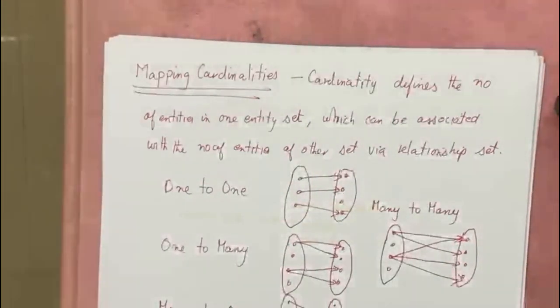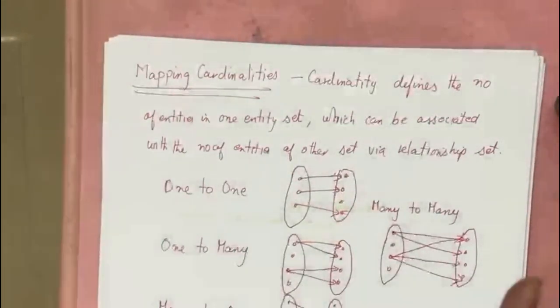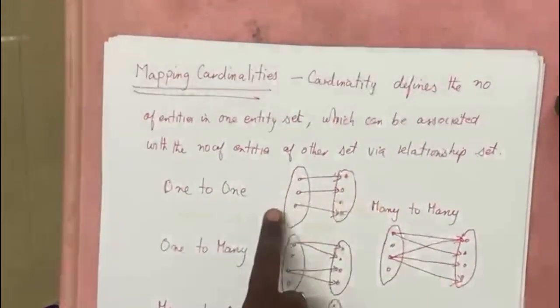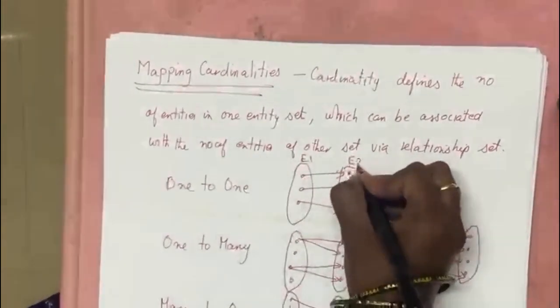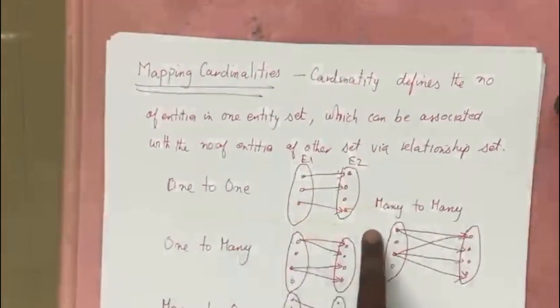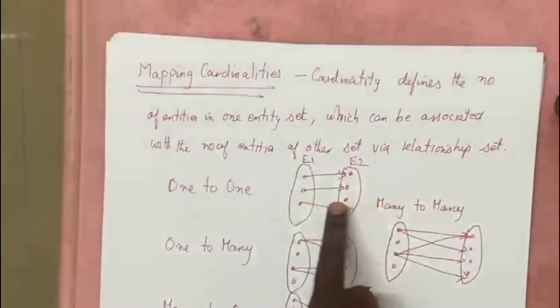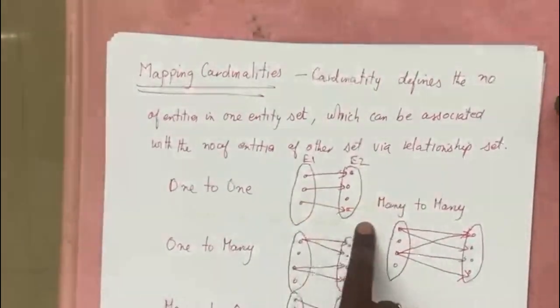But on the other hand, if I want to say a student is having one parent, then it will become one-to-one relationship. When I want to have entities, this as entity 1 and this as entity 2, the relationship they are having individually is called as one-to-one, when there is no other connection between these entities.